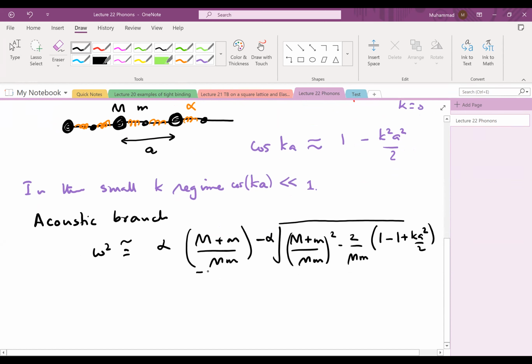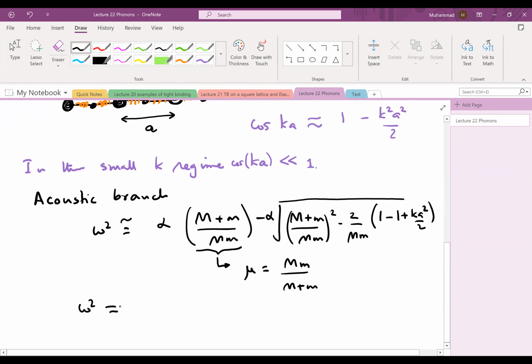So I can identify this thing as the reduced mass of the system. So my omega square is alpha over mu minus alpha times the square root of 1 over mu square minus 2 k a square over 2.